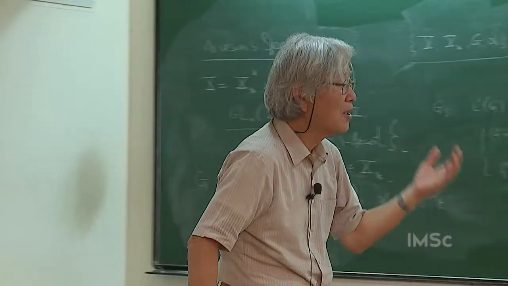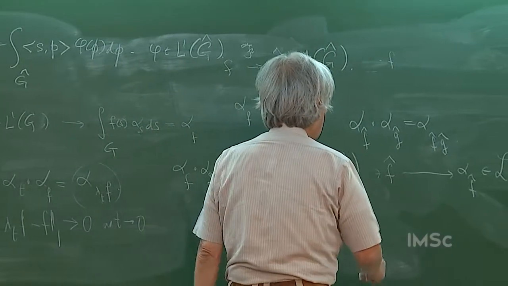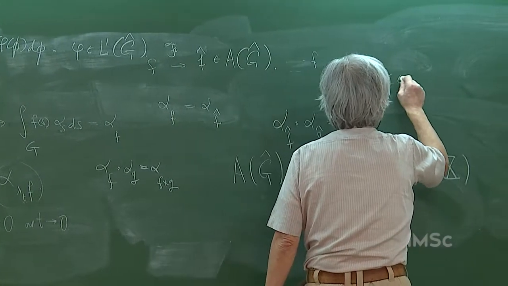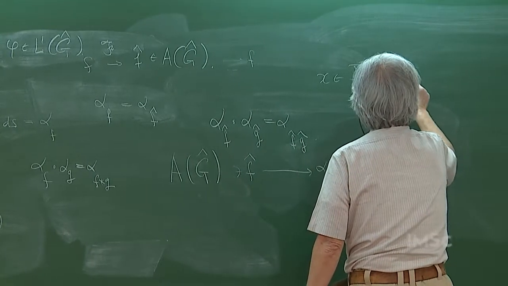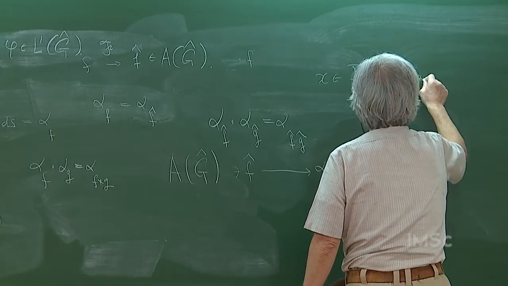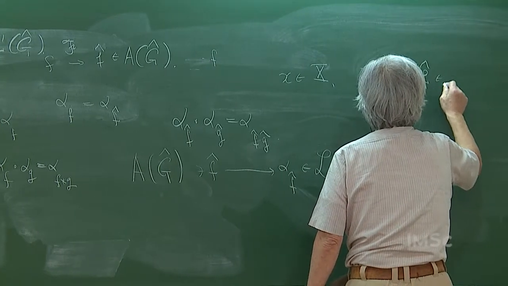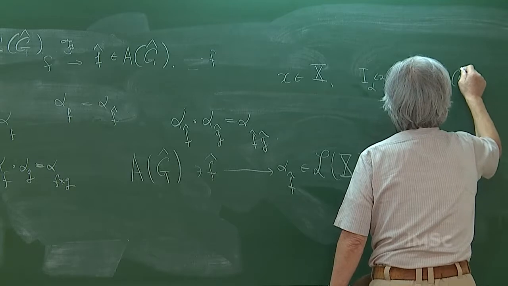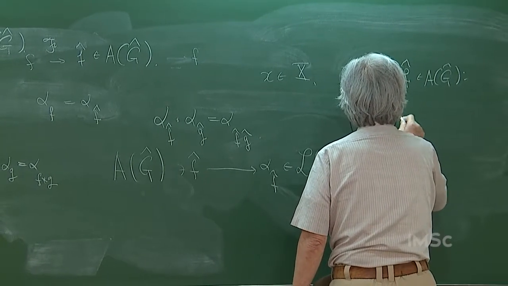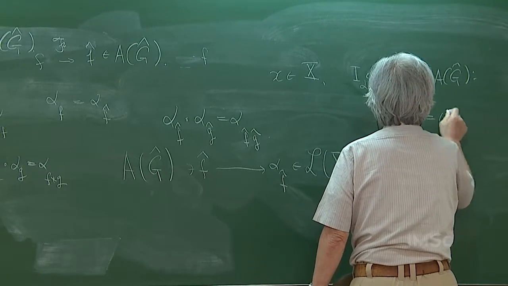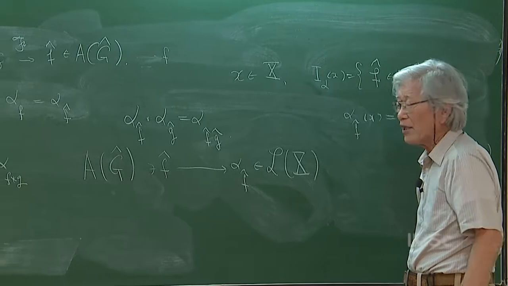So now you fix x in X. I_alpha(x) is the set of those functions f hat in A(G hat) such that alpha of f hat applied to x equals 0.